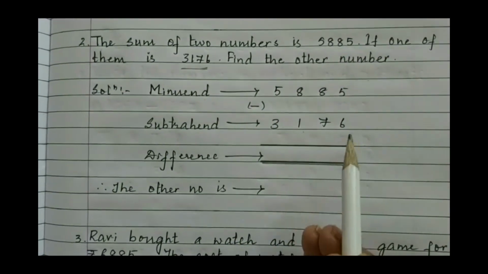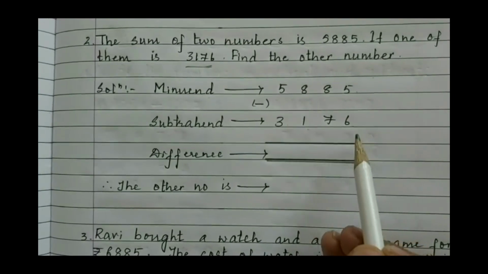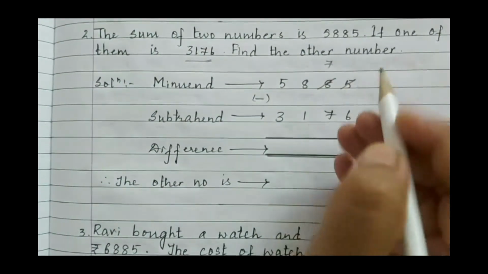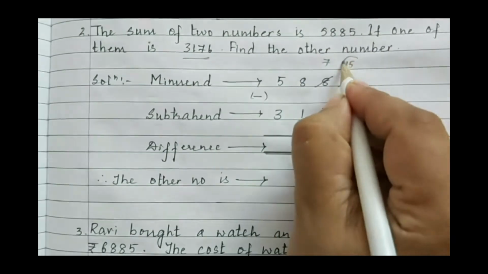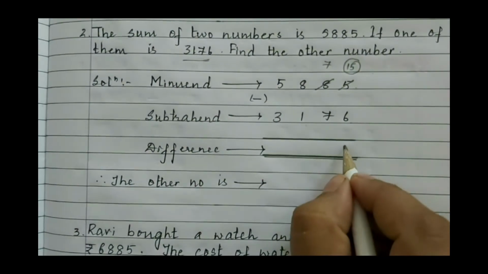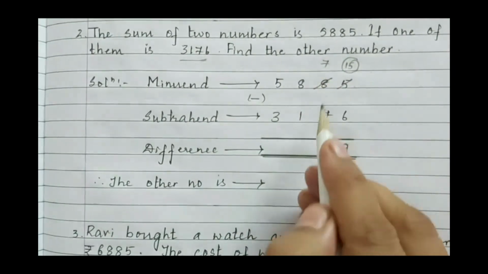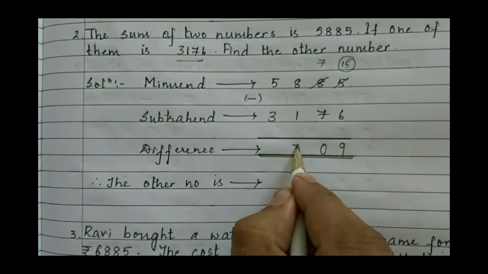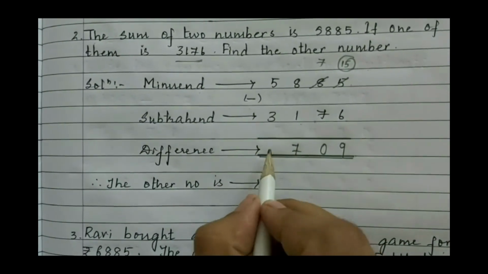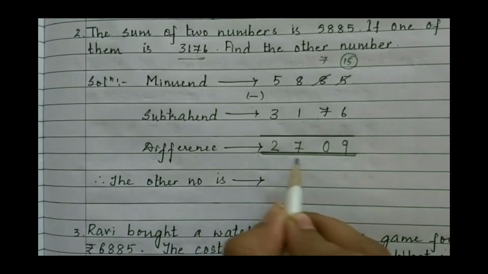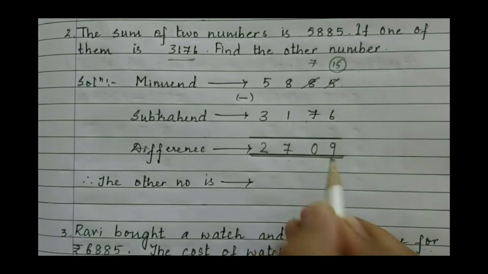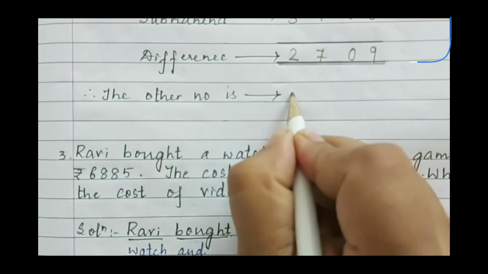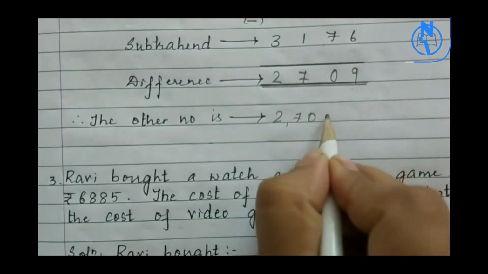We need to subtract. 5 minus 6 it is not possible, so we are going to borrow from 8. 8 becomes 7 and 5 becomes 15. 15 minus 6 it will be 9. 7 minus 7 it is 0. 8 minus 1 it is 7 and 5 minus 3 is 2. The difference is 2709. We will conclude. Therefore, the other number is 2709.